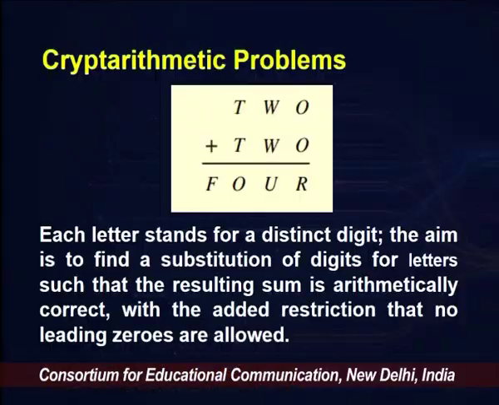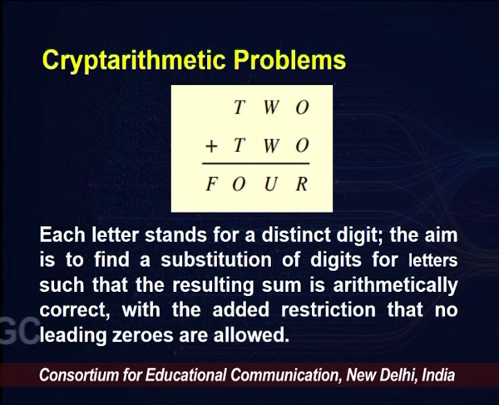So, let us first try to understand this cryptarithmetic problem. A classical example is shown on the screen: TWO plus TWO equals FOUR. Here we are adding TWO along with TWO, and the answer should be FOUR.